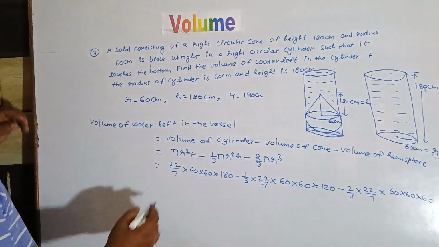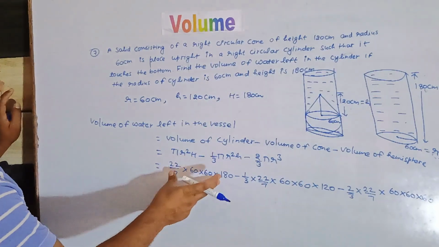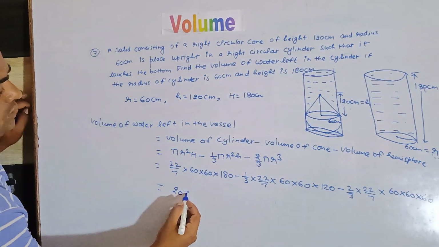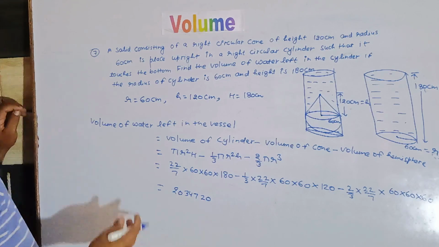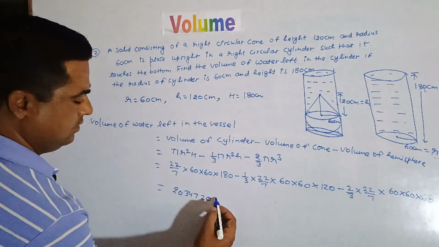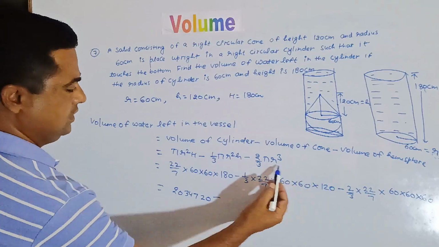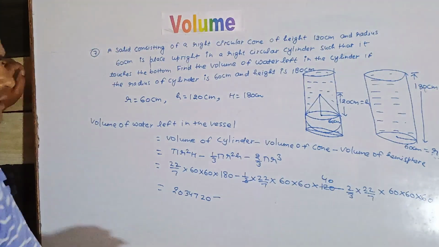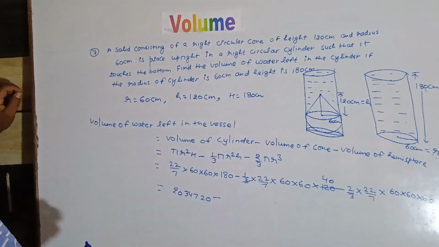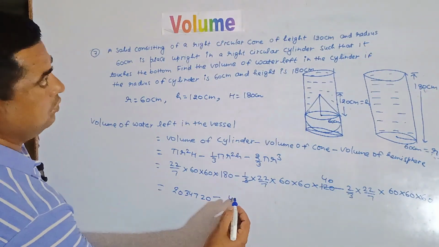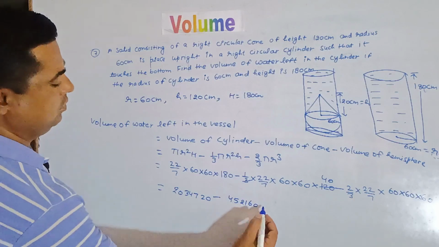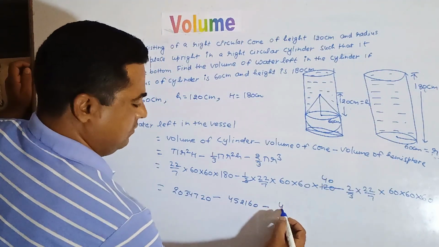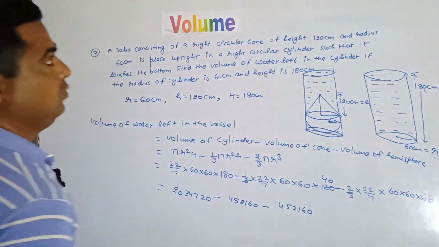Correct? Students, after solving this part, the volume of this cylindrical vessel will be 2034720 centimeter cube. Correct? Minus, after solving this part, multiplying and dividing by 7, we will get here 452160 minus, solving this part, we will get here 452160.